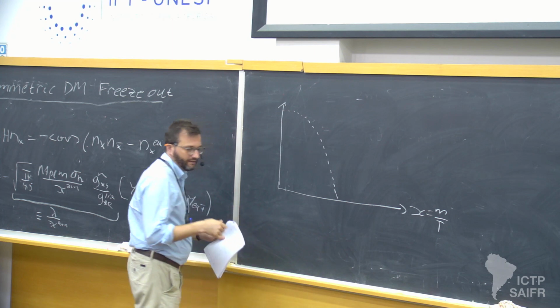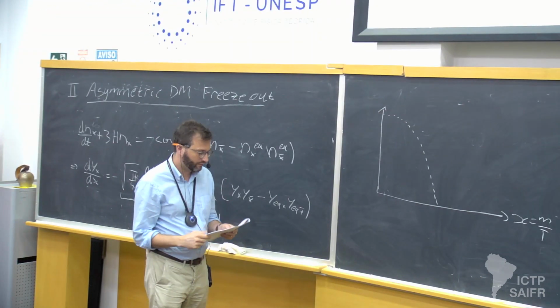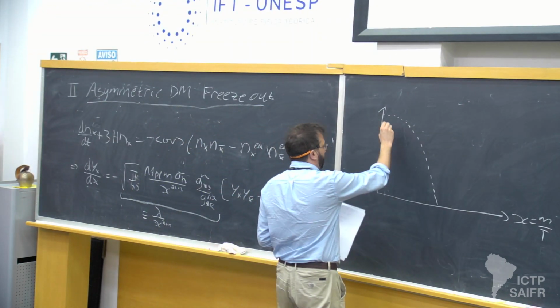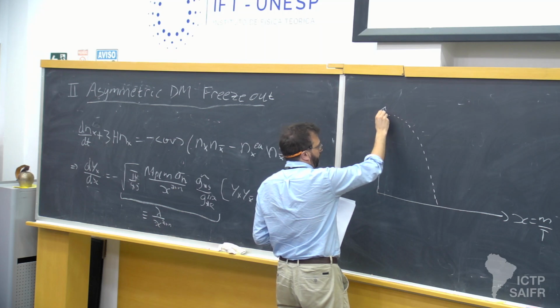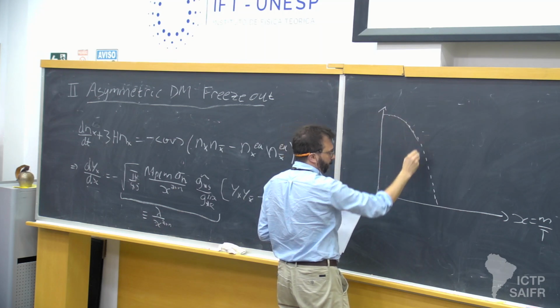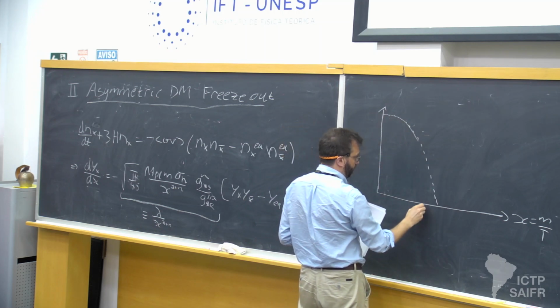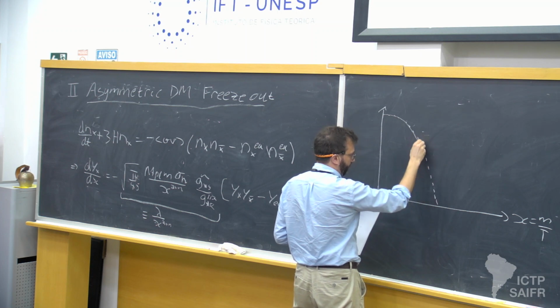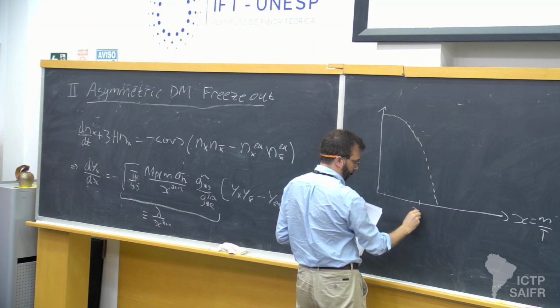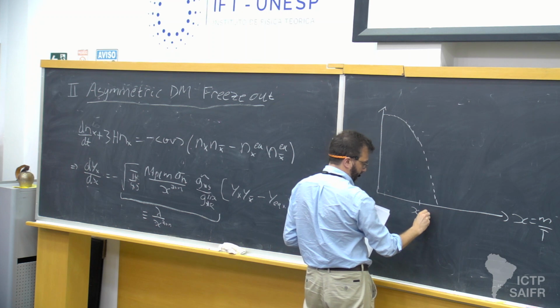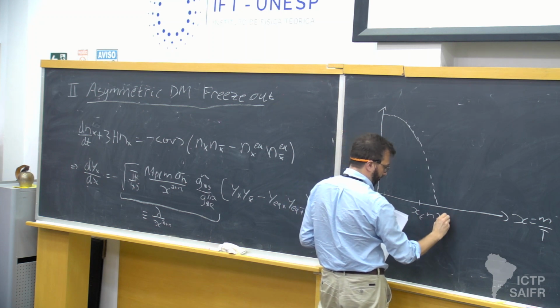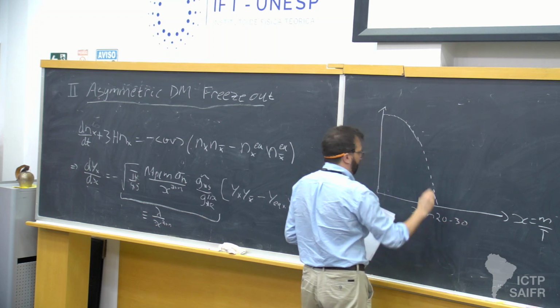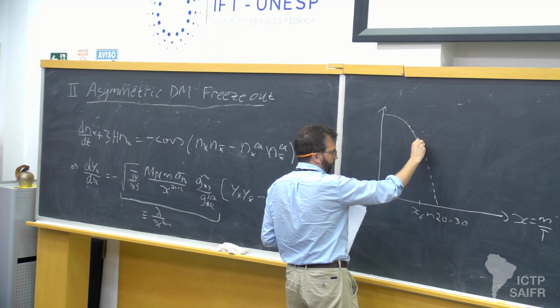And we saw that to get the correct relic abundance of dark matter, we needed freeze-out to occur at roughly, let's say, x of 20 to 30.